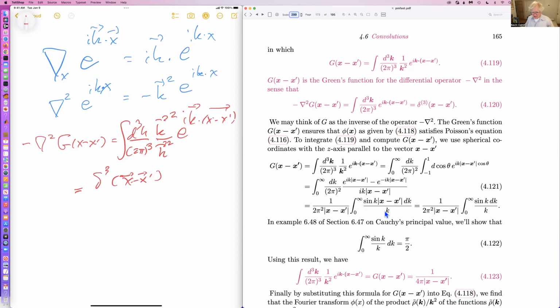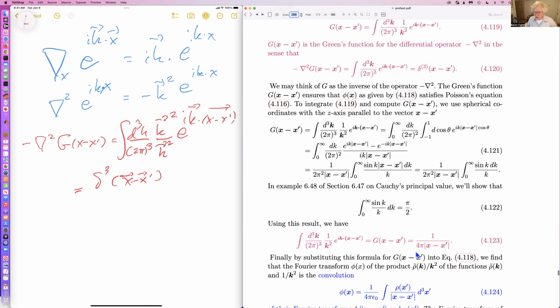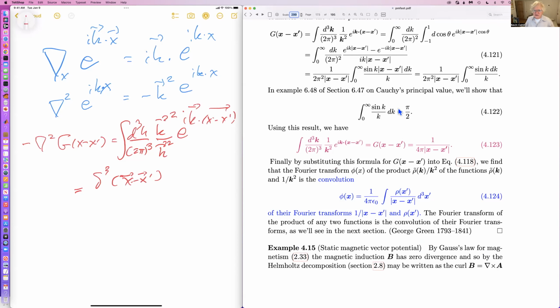Now we rewrite this as a sine, and we bring the x minus x prime outside, and we wind up with this. Now, this, of course, is just a number. The particular number that it is pi over 2, and we'll see that when we do an application of complex variable theory in chapter 6. So the result then is that the Green's function for minus Laplacian is this integral, and the answer is 1 over 4 pi times the magnitude of x minus x prime.